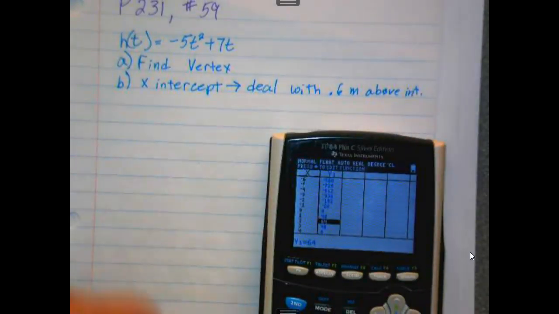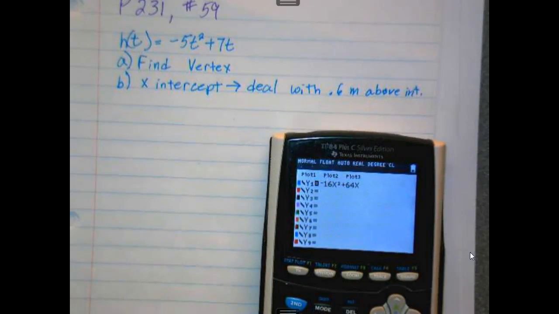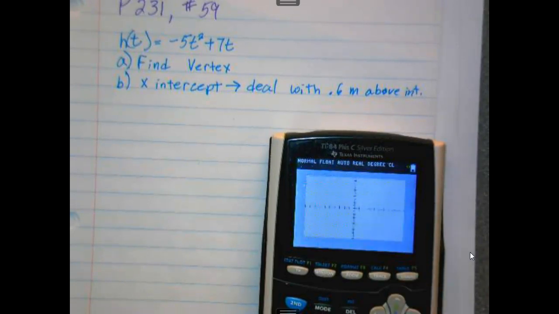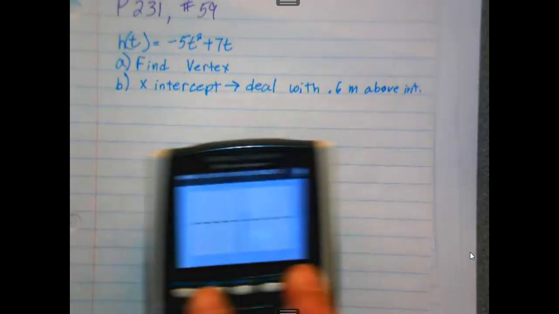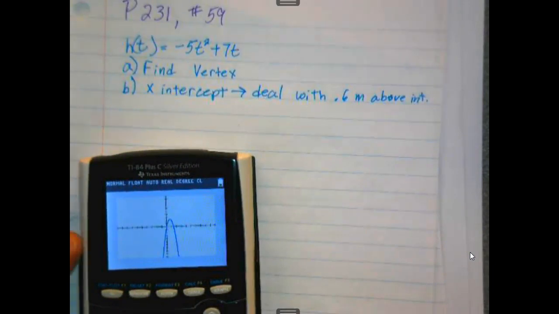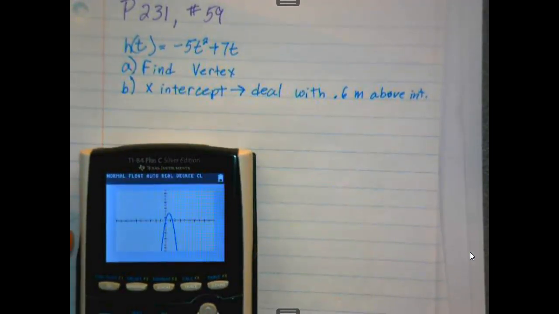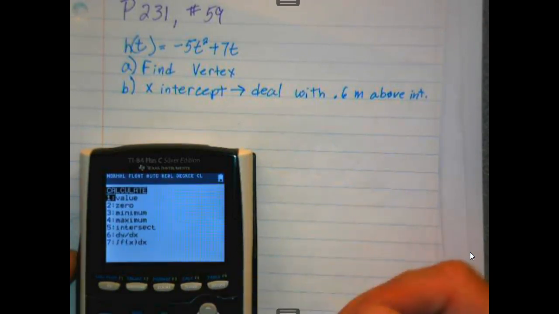We've been doing this for quite a while now. Let's say I've got negative 5t squared plus 7t. Graph it. And lo and behold, it fits on our screen. I don't have to mess with the window. Okay, so I'm going to have to calculate the vertex. Second trace to calculate. The vertex happens to be a maximum.